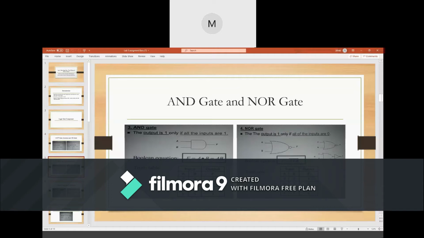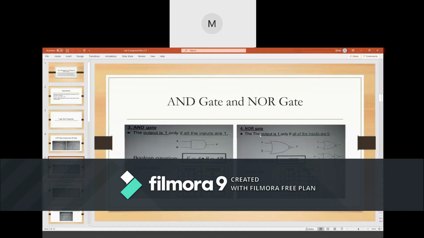To get the output of 1, both of the inputs must be 1. For example, input A is 1, input B is 1, so the output must be 1. But if input A is 0 and input B is 1, therefore the output will be 0.